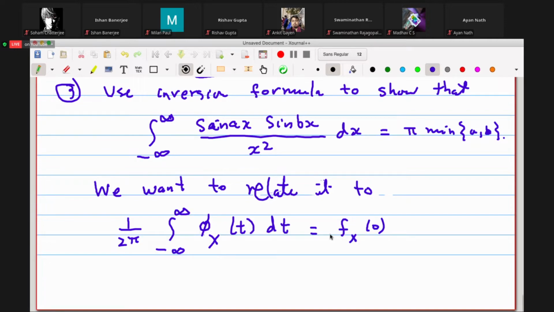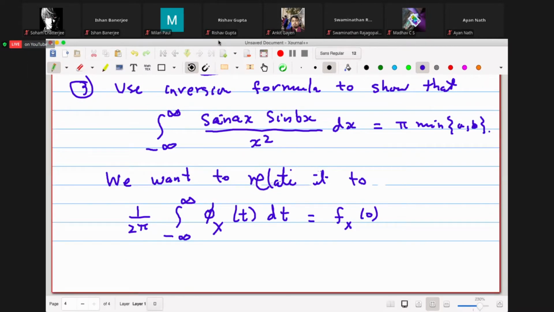So for some random variable, what kind of random variable?